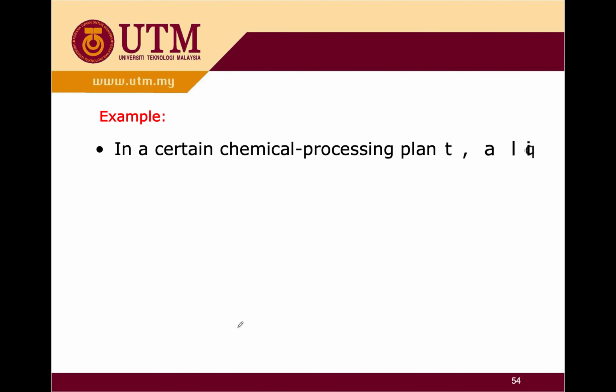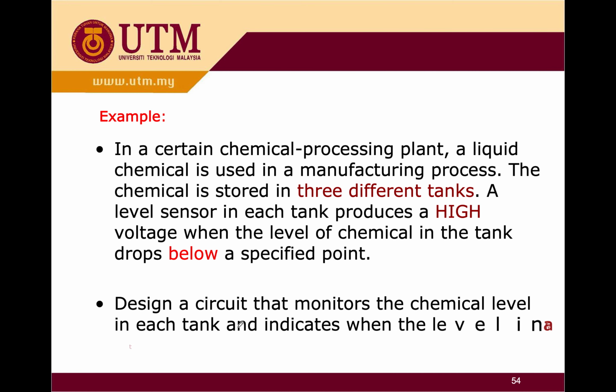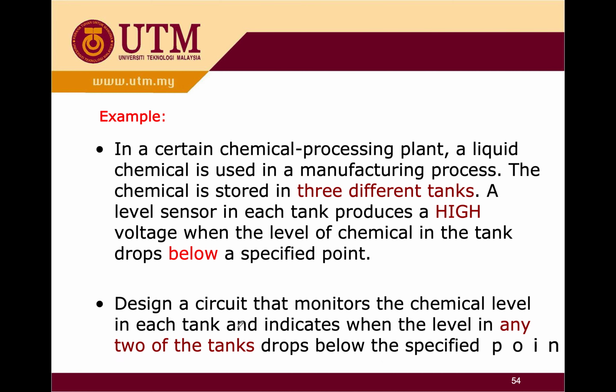Here is the example. If you were given a question, you need to read and fully understand the scenario. So if you're given this kind of question: in a certain chemical processing plant, a liquid chemical is used in a manufacturing process.